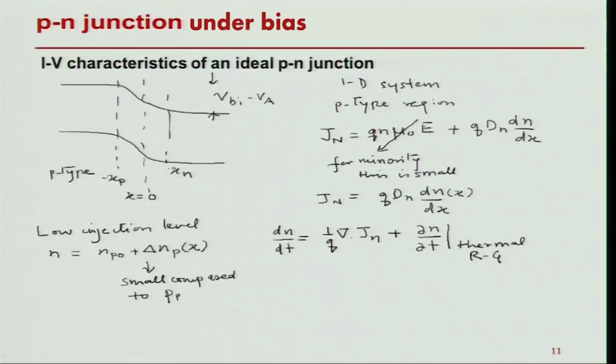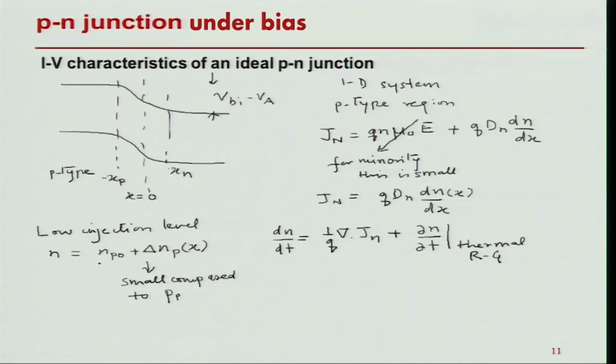So, there is a very low amount of injection in the p side. In that assumption, I can always write my electron concentration in terms of the equilibrium minority carrier concentration and the extra amount that has been injected.